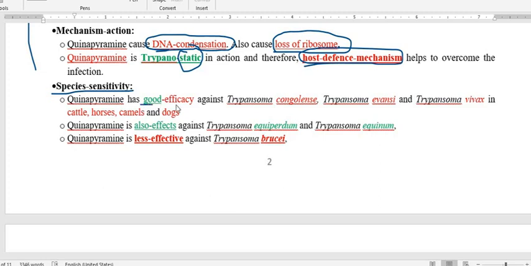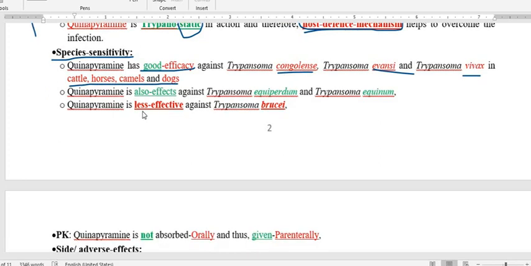Regarding its sensitivity to species: against which species of Trypanosoma is the drug more active? Quinapyramine shows good efficacy against Trypanosoma congolense, Trypanosoma evansi and Trypanosoma vivax in species like cattle, horses, camels and dogs, whereas it is less effective against Trypanosoma brucei, similar to quinapyramine diaceturate.